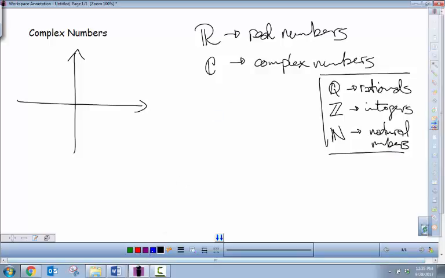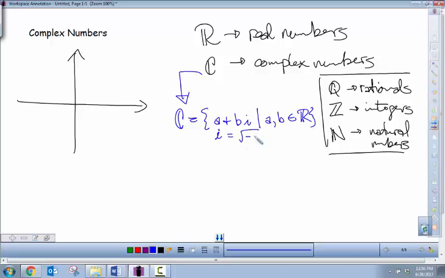All right, so focusing on the set of complex numbers, it is the set of a plus bi, where a and b are real numbers. I guess we should also make a comment that i is the imaginary number that's equal to the square root of -1.